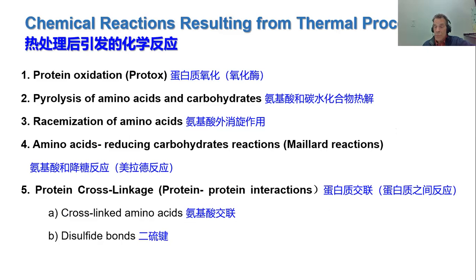First of all is protein oxidation, free radical formation, PROTOX for short; pyrolysis of amino acids and carbohydrate; racemization of amino acids; the reducing carbohydrate reaction called Maillard reaction; and then protein cross-linkage, protein to protein cross-linkage involving amino acids, such as linkage between cysteine and cysteine to create cystine, right? So the dimer of cysteine to cysteine.